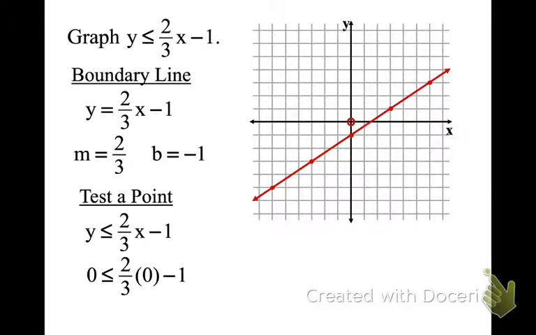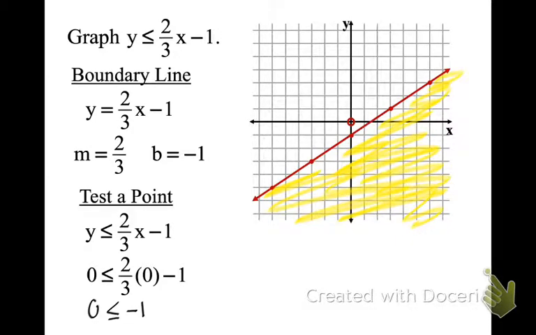Now, this is the way the book's going to teach you to do it. When I simplify it, it's 0 is less than or equal to -1. Is that a true statement or a false statement? False. So that test point, I do not shade that side, I shade the opposite side. Do you understand?